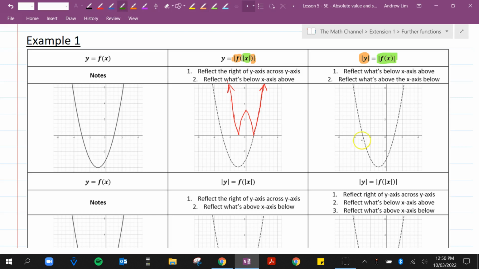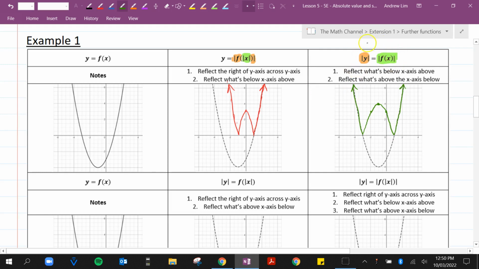It means all of this down here is going to come up. So it's going to come up to 4, go through 3, that's 3 as well. So I'm going to have all of this. Right? So that bit is the absolute value of f of x.